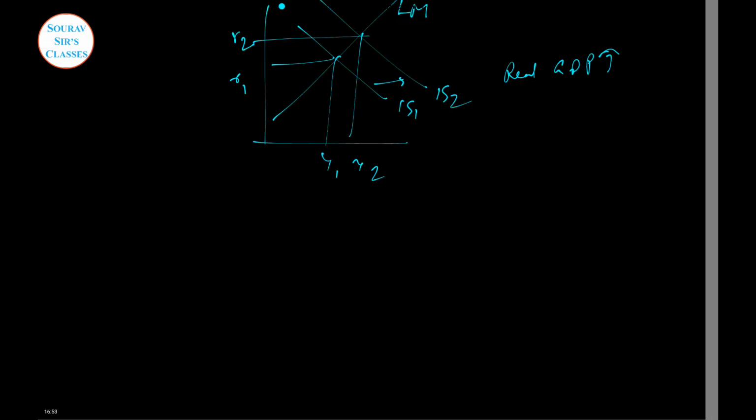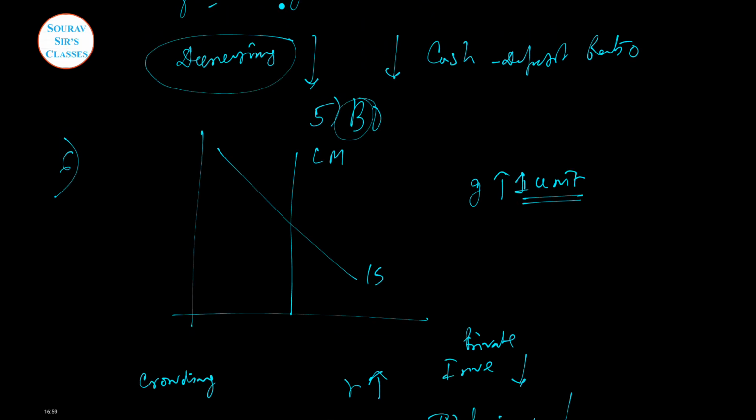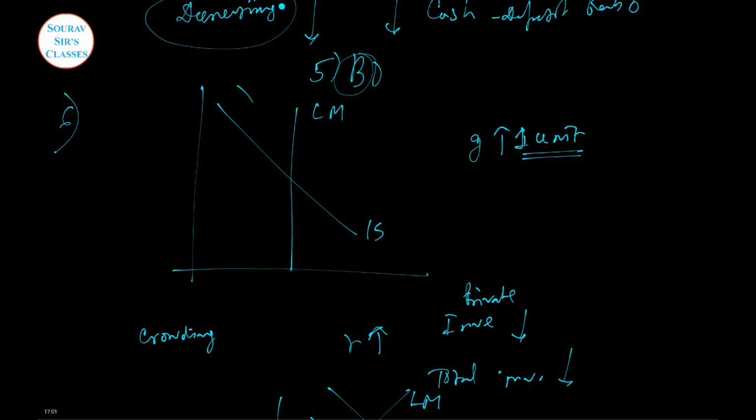Now what happens if you see this thing? Now under these circumstances, if the LM curve is vertical, if I go to my whole diagram, and the IS curve shifts like this, IS1 to IS2, then what happens? So R1, R2 increases, so the entire part, mark my words very well, the entire part is crowded out, and simply there is no increase in the equilibrium income.